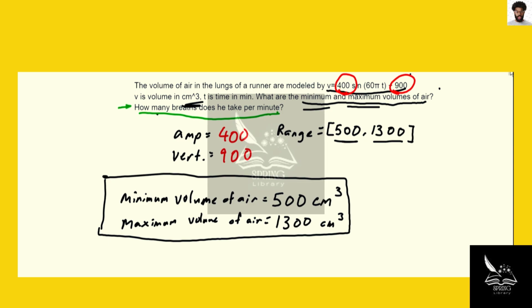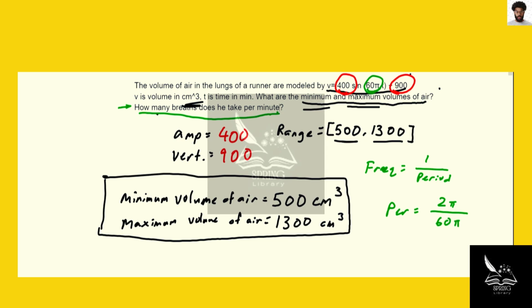So to find the frequency, we first need to know the period, since frequency is equal to the reciprocal of the period. The period is given by the coefficient in front of the t, the 60 pi. To find the period, we would take 2 pi and divide it by this coefficient.